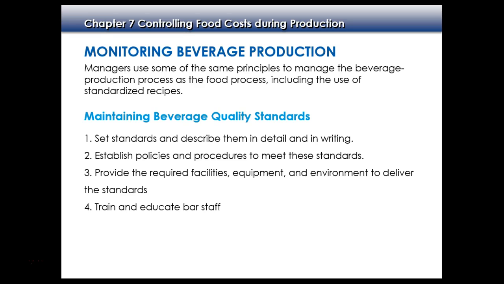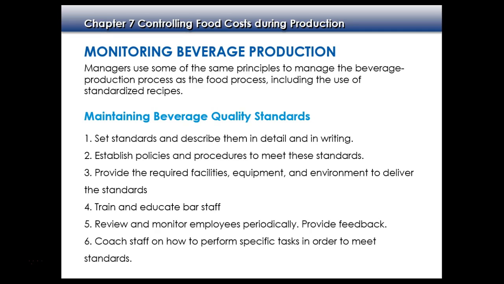Train and educate all bar staff. And then review and monitor employees periodically and always provide feedback. Coach staff on how to perform specific tasks in order to meet the standards.